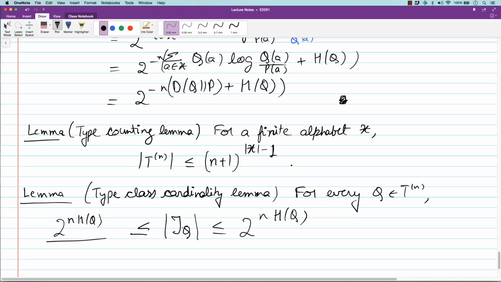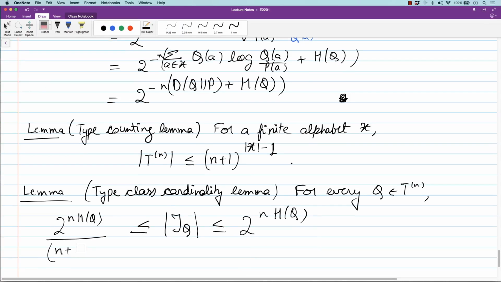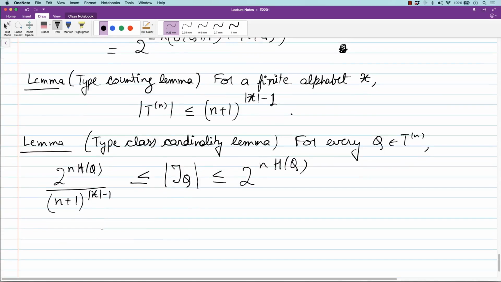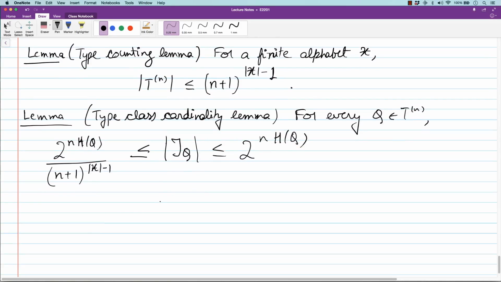This can be improved, but this is a very good approximation. The polynomial is n plus 1 to the power cardinality of x minus 1. So the important point is they are dividing by just a polynomial. So the way to read this result is log of |T_Q| by n, the cardinality per n here.